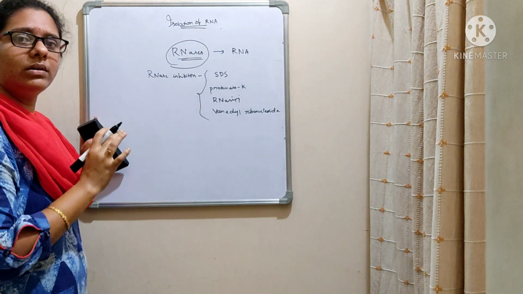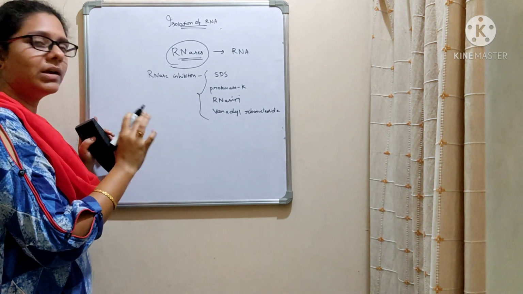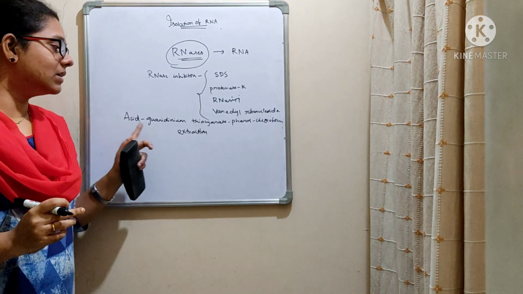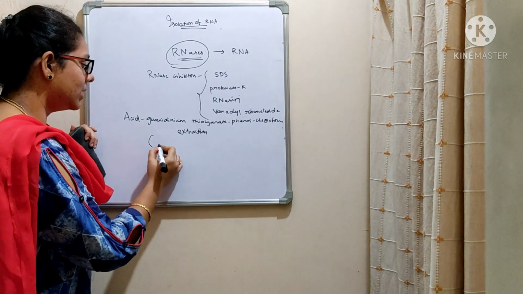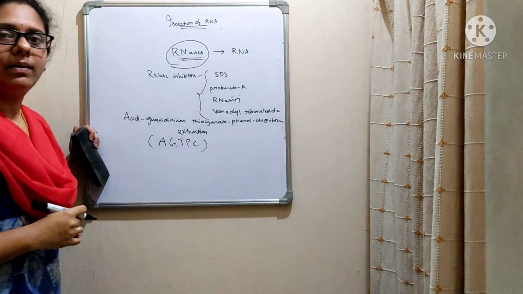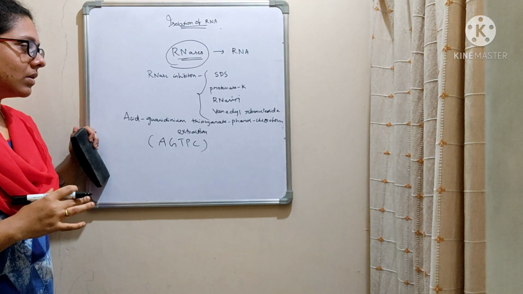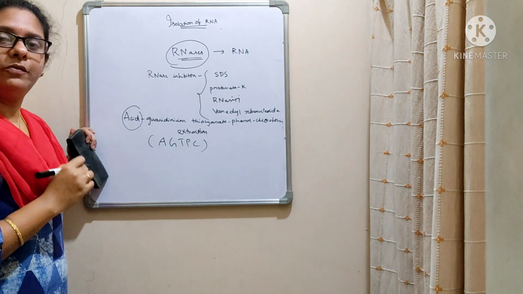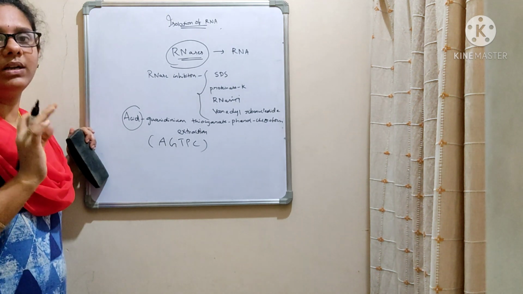And now we are going to learn about the isolation of RNA, especially by using a method called acid guanidinium thiocyanate phenol chloroform extraction. Simply we call it the AGTPC method. Here in this method we are going to maintain acidic conditions for the isolation of RNA and to separate the RNA from the DNA.